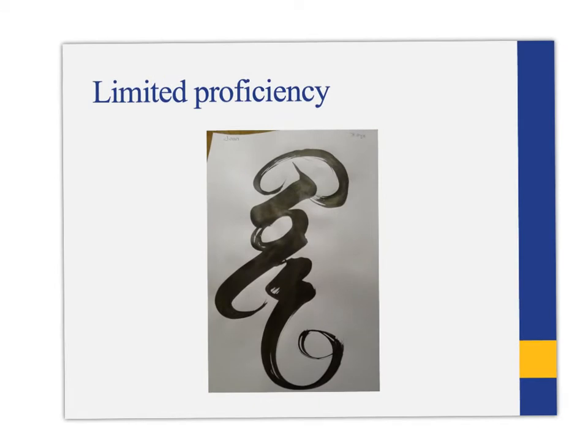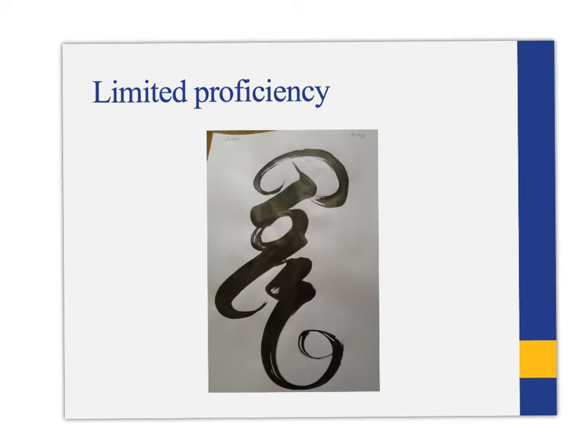Limited proficiency, a problem that English language learners have: we all sort of just hit the wall and don't know what to do. Your students may only need one contextual cue to be able to get the word that they need. Can you guess what this word means by looking at that script?